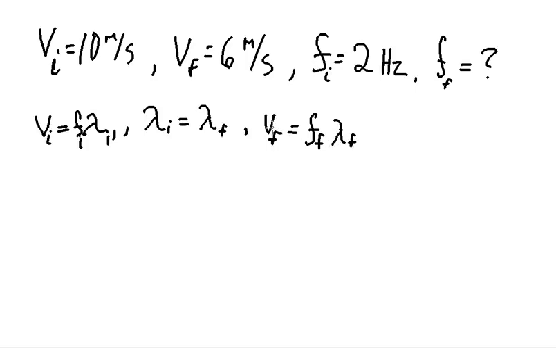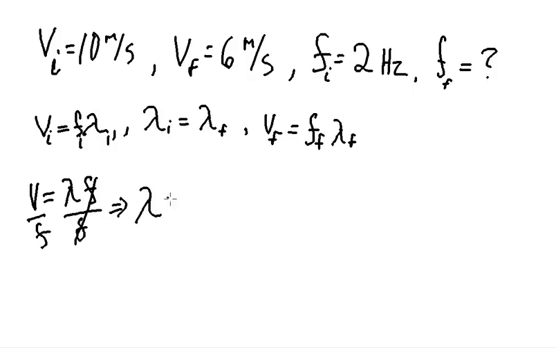Now this time it's not so simple. I can't just set this equal to this. First I have to solve for wavelength. So we don't need to do this twice. Let's just do it once and then apply it to both sides. Speed equals frequency times wavelength. Divide by frequency on both sides. That means wavelength is the quotient of the wave's velocity and its frequency.